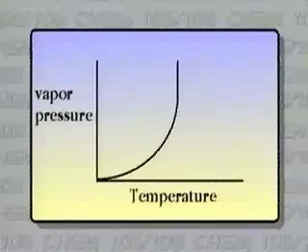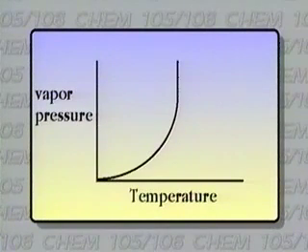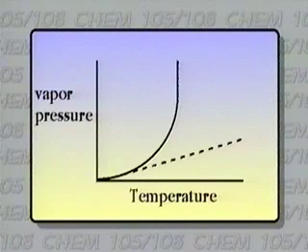And if kinetic energy of the liquid is affected by temperature, then equilibrium vapor pressure is also going to be affected by temperature. So if we take a look at the vapor pressure of a particular liquid versus temperature, we will get something that looks like this. We see that as temperature increases, the vapor pressure of the liquid increases. Now, it is not linearly related. In other words, it doesn't just continue on in a nice straight line like this, but notice that it's curved, or exponential, in its relationship.